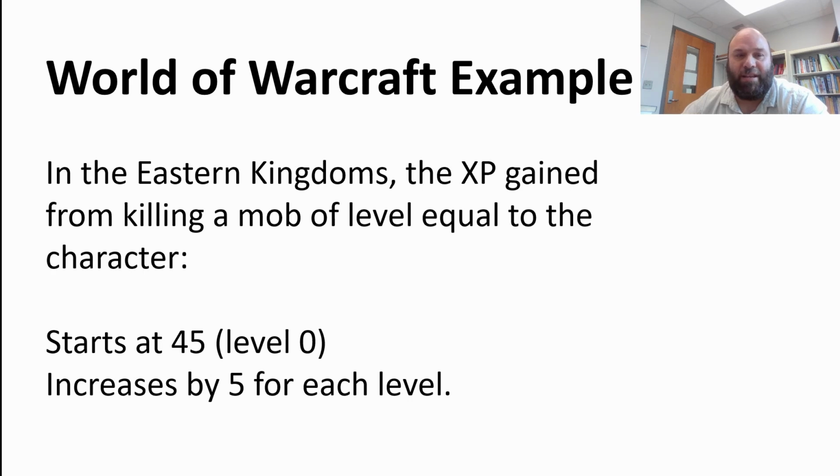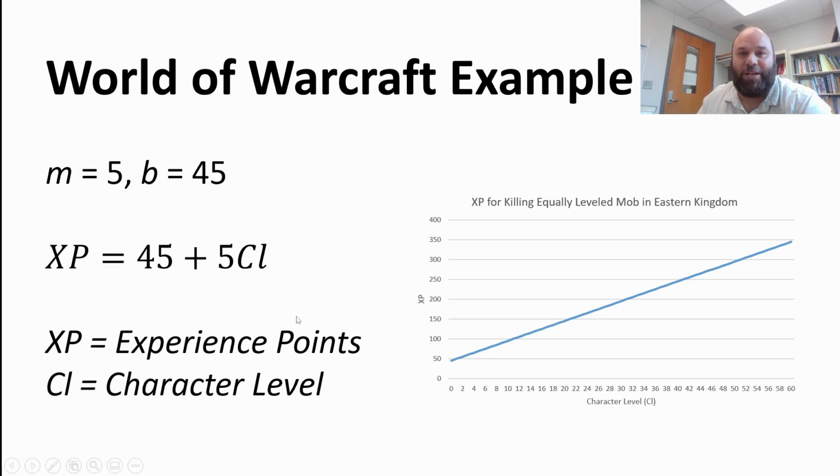So what does that mean? Well, since at level 0, we start at 45, that's our b, our initial value. And then since we go up by 5 for every level we go up, that's our slope, that's m. So the equation with m equals 5 and b equals 45 would be y equals 5x plus 45.